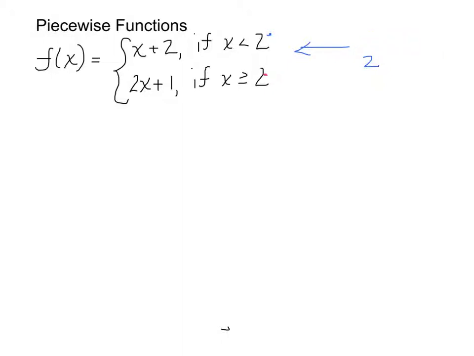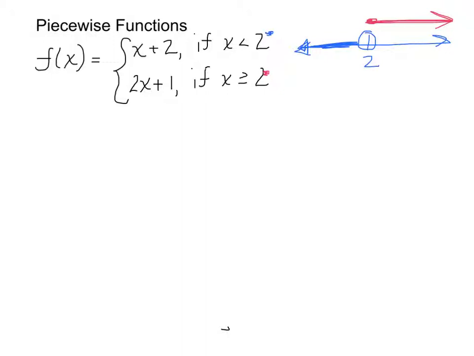Let's try this again. So for the first function, which is blue, it's for all the x values that are smaller than 2, but not including. So that's all of these values over here. For the second function, these are all the x values that are greater than or equal to 2. So we can only use those values.